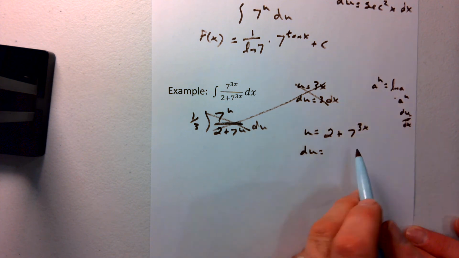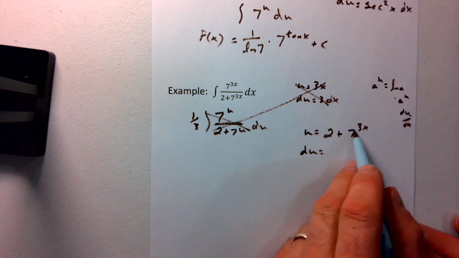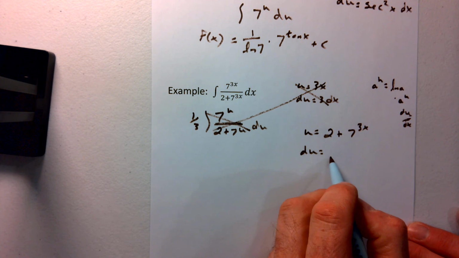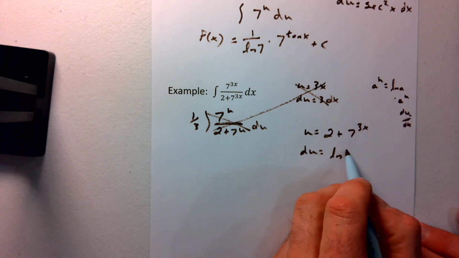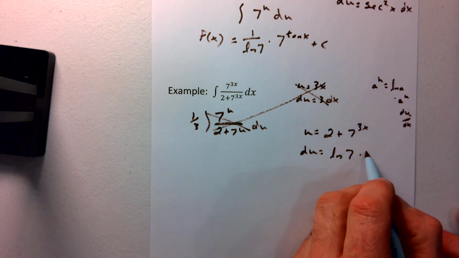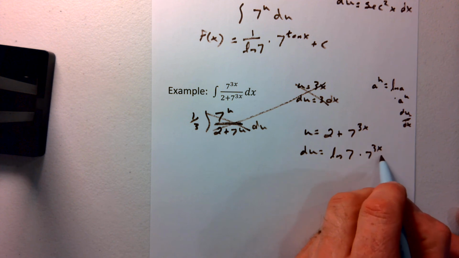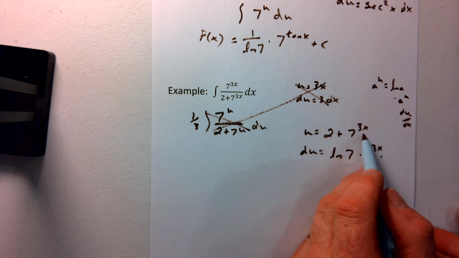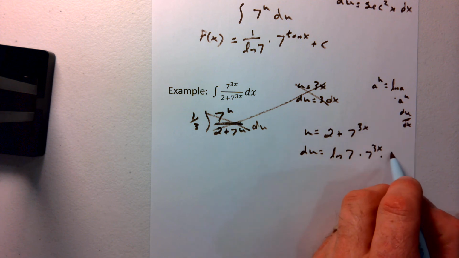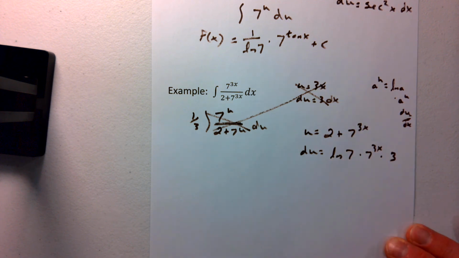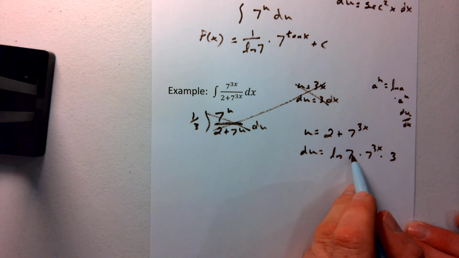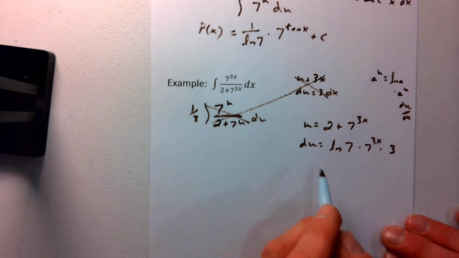So we take the derivative of the exponent for that. So du here is going to be the natural log of 7 times 7 to the 3x times the derivative of 3x. Derivative of 3x is going to be 3, isn't it? So we'd have 3 natural logs of 7 times 7 to the 3x.